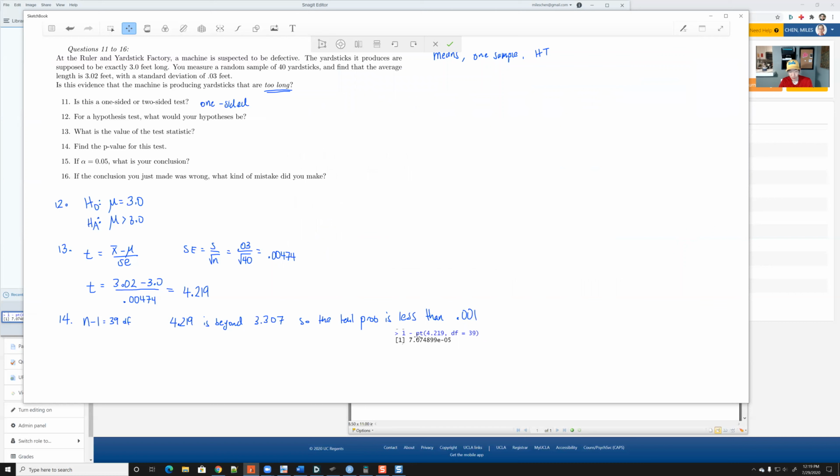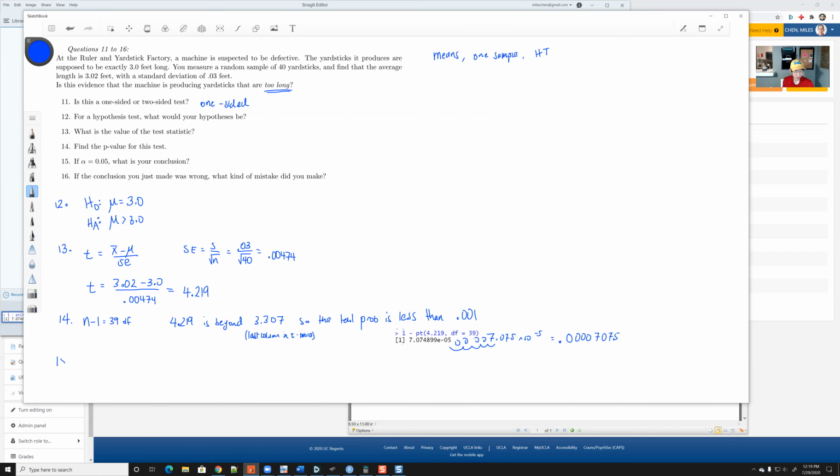This is beyond 3.307, which is the last column in the T table. Here we have 7.075 times 10 to the minus 5, which would be, you move this over 1, 2, 3, 4, 5, so it's 0.00007075, okay, which indeed is less than 0.001.